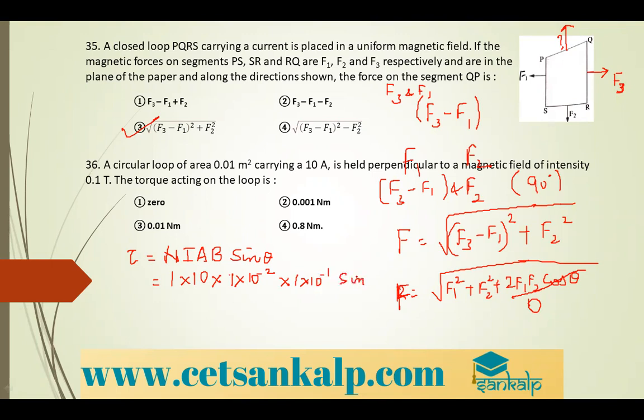It is sin 90 since it is perpendicular. So we get 10 into 10 to the power minus 3 into 1. Finally what remains is 10 to the power minus 2, which is 0.01 newton meter. So the answer is option 3. Clear? Right.